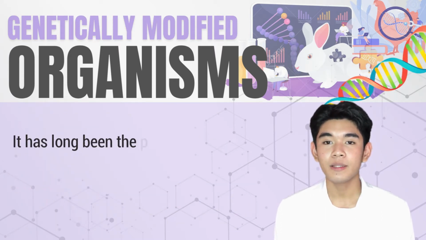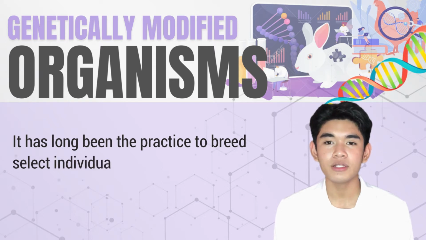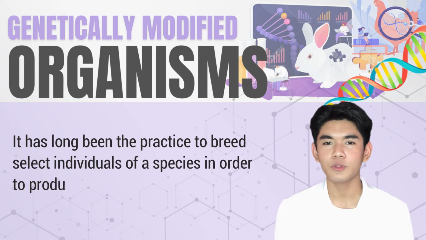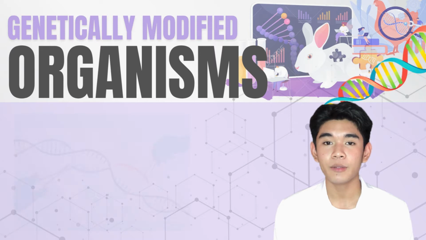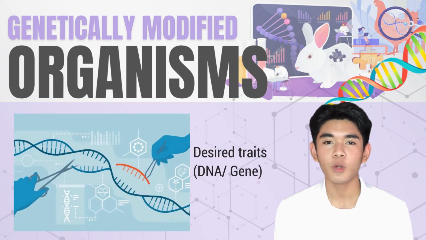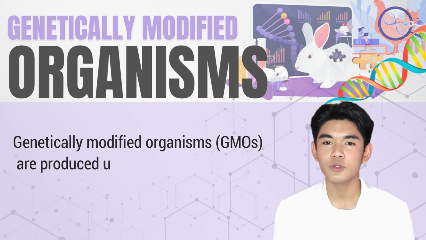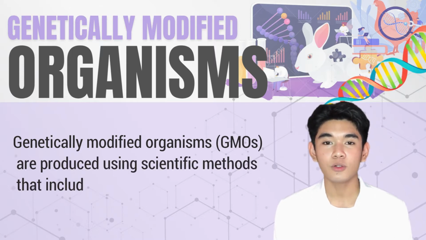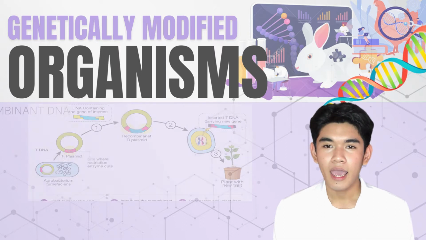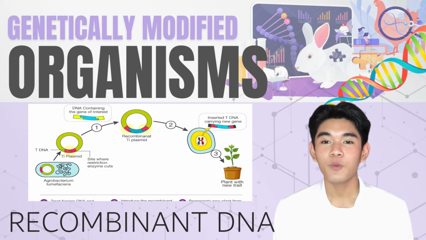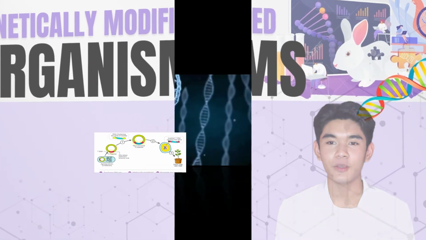It has long been the practice to breed select individuals of a species in order to produce offspring that have the desirable traits or that can be helpful to our present years. Genetically modified organisms are produced using scientific methods that include reproductive cloning and recombinant DNA technology, which I am going to discuss for this video.